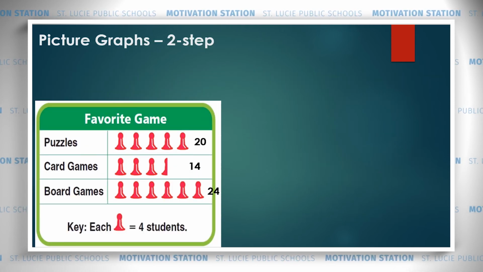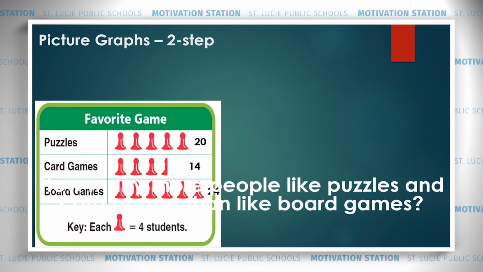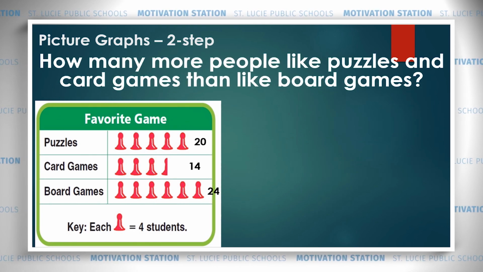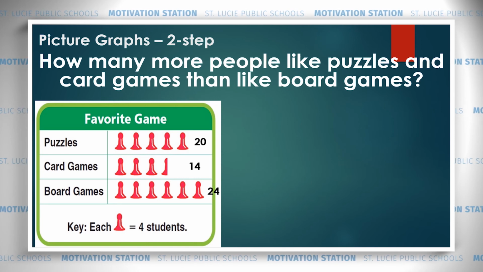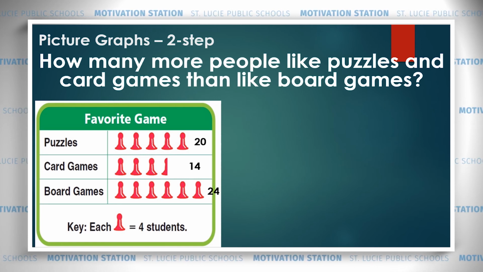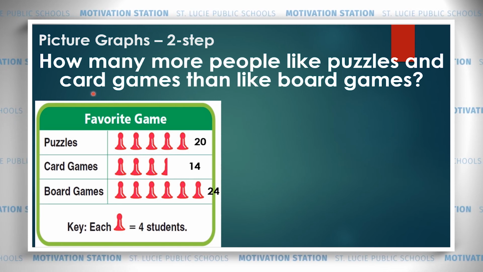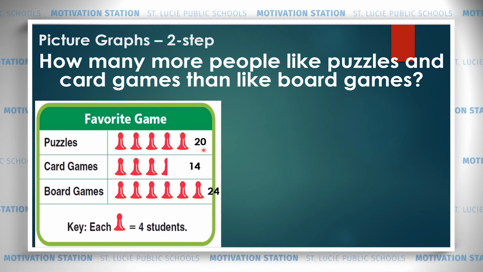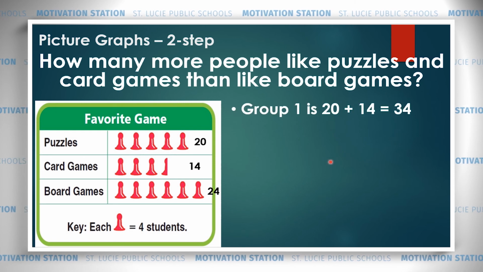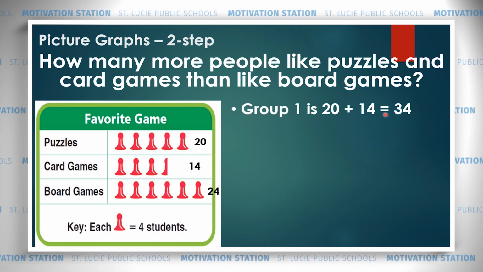Let's try one final 2-step problem. How many more people like puzzles and card games than like board games? Well, I see that puzzles and card games are the first group. So if I add 20 plus 14, I would get 34.